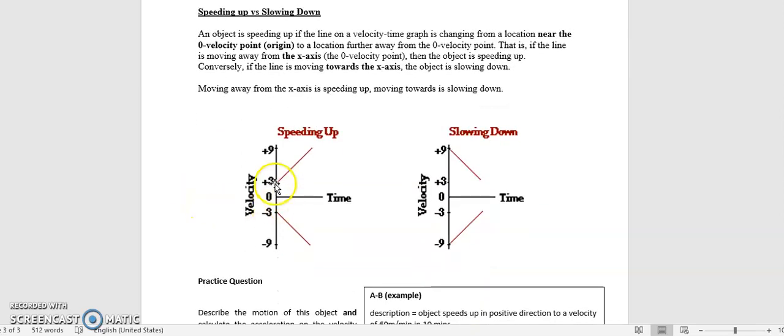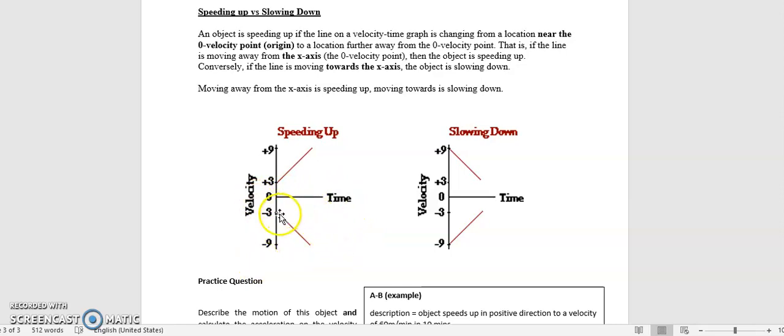So here, let's take a look. At this point, we were traveling in the positive direction at 3 meters per second. The line went away from the x-axis, so that meant we got to a velocity of 9 meters per second. In this case, typically we tend to think negative means slowing down. Again, this is just telling us we're in the negative direction.